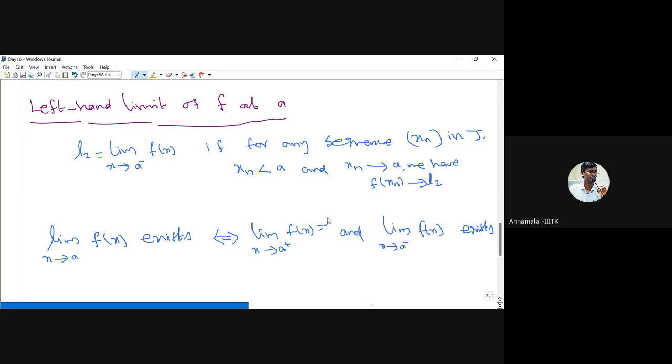Suppose this value is L1 and this value is L2, then L1 equals L2, and we call the common value L, then L is the limit of this function.